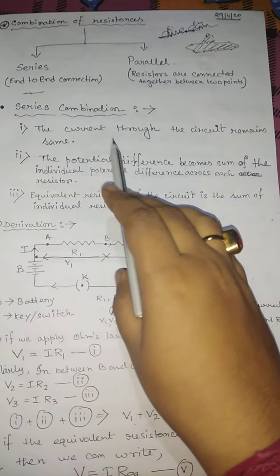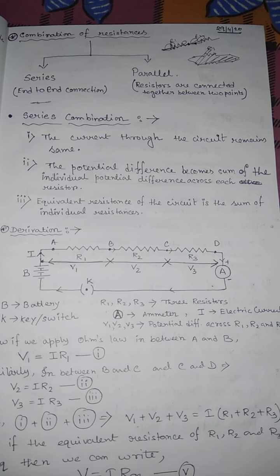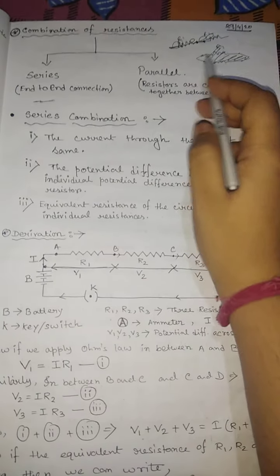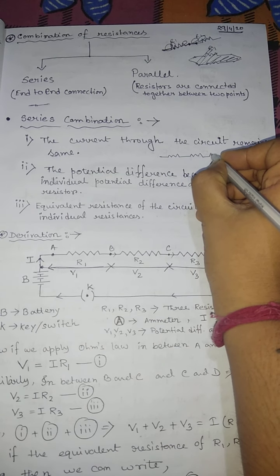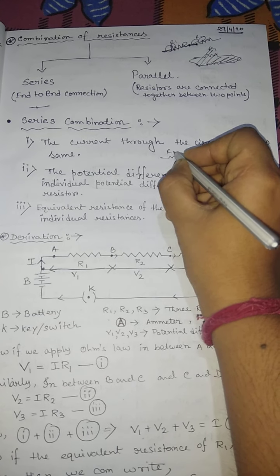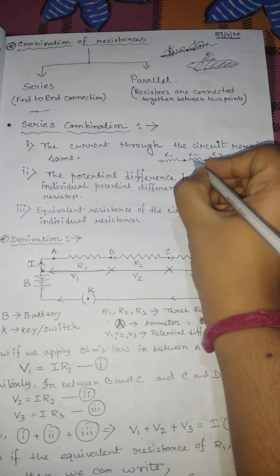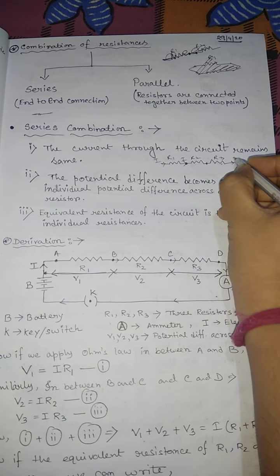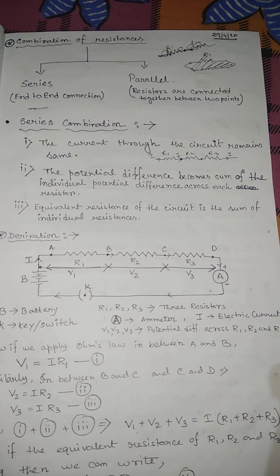First point: in series combination, the current in the circuit remains the same. So if this is R1, R2, R3, the current through each resistor is I, here also I, and here also I. So the current through the circuit remains the same.